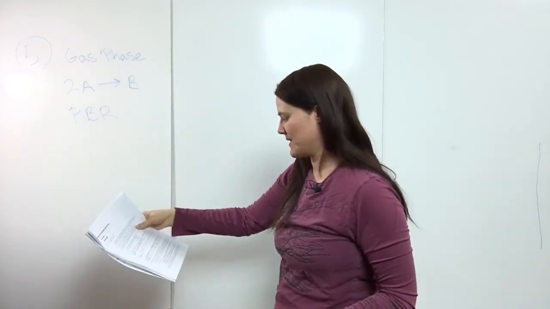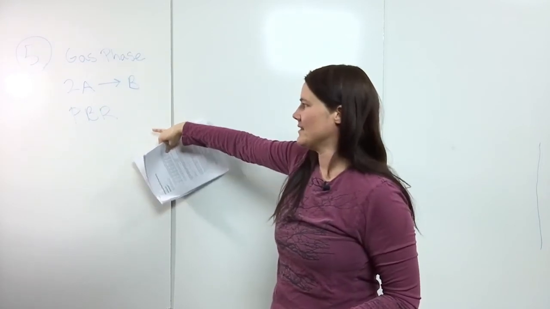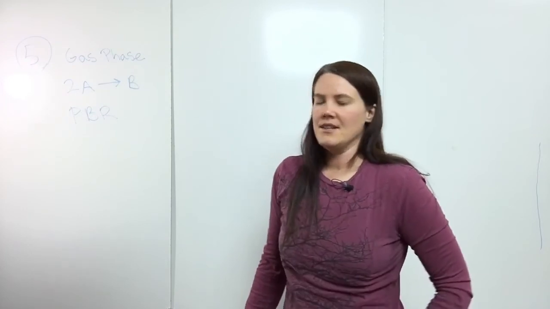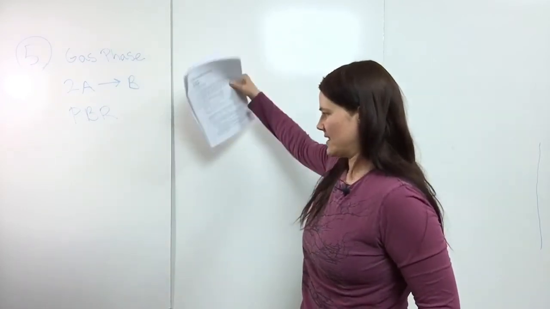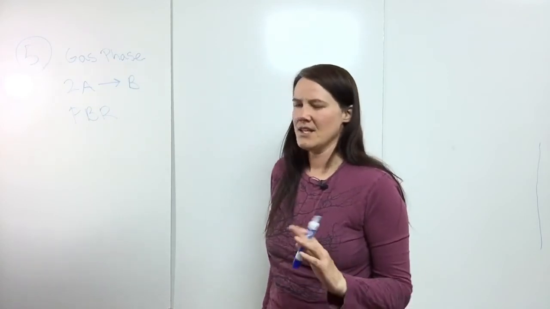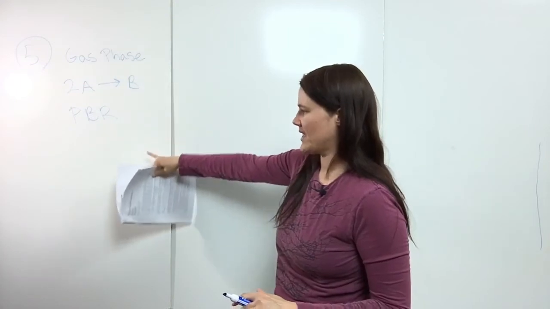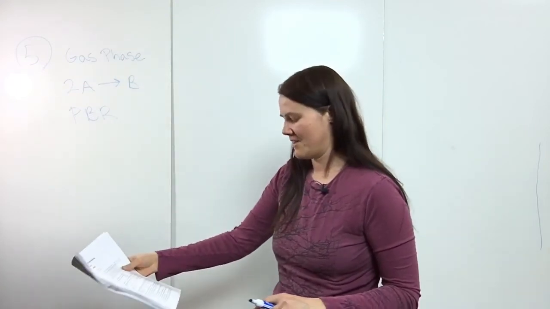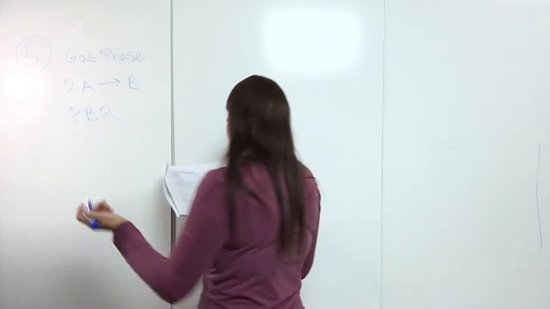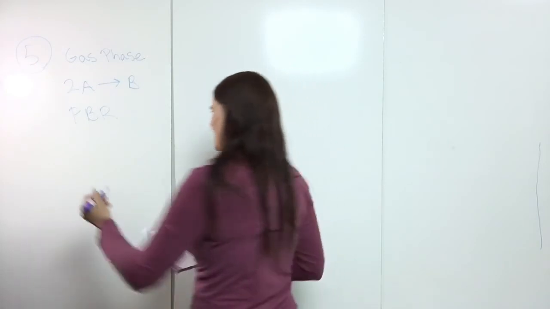As I read the problem statement, I always write down the data as I'm reading it, because then you have a list of everything you were given, and then you can just go through your mole balance, rate law, stoichiometry, and just pull stuff off as you need it instead of having to keep going back to the problem statement. I feel like you're less likely to get confused doing it like this.